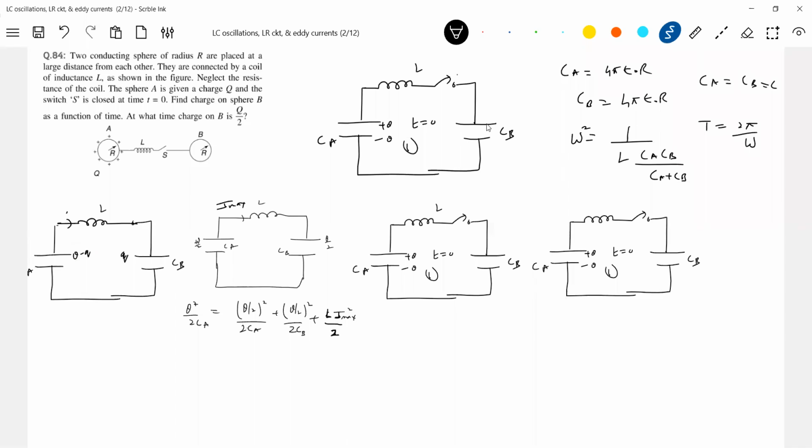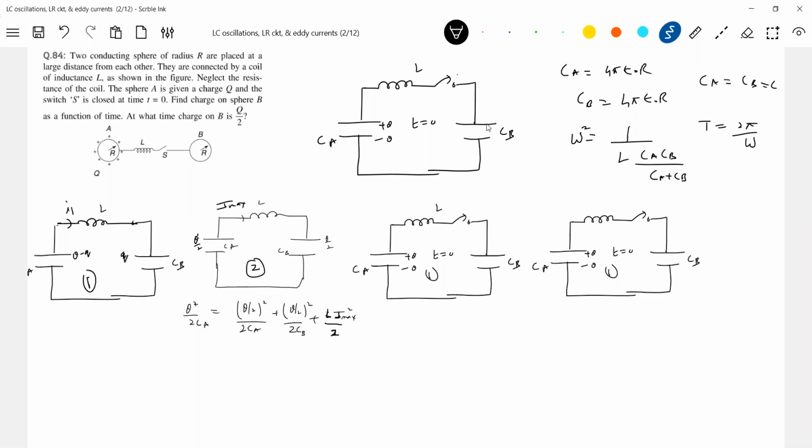A current I1 is flowing. This is a second diagram, or say the first diagram, the initial one. This is one instant of time. So now both are having charge Q by 2, Q by 2. So what do you expect after this?